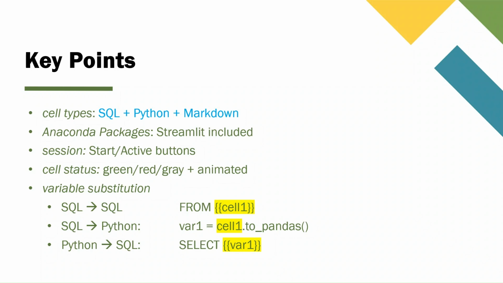So you can call cell 1, and the data frame, as a Snowpark data frame, has a to pandas method, and you get another var1 variable. And the last case, remember, right now we have a var1 variable. You may say Python to SQL, select var1. Whenever you convert to SQL, in SQL you have to use curly braces for the variable substitution.